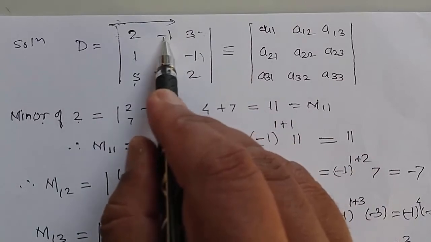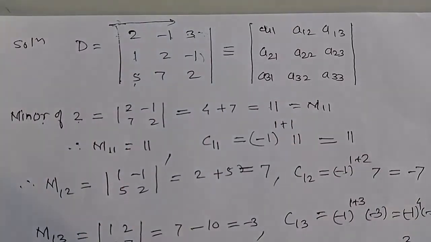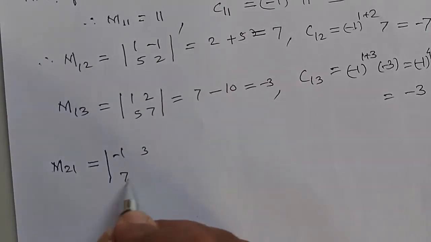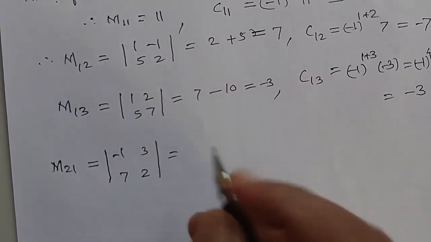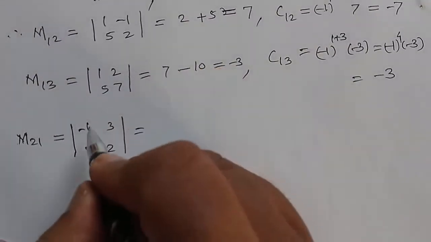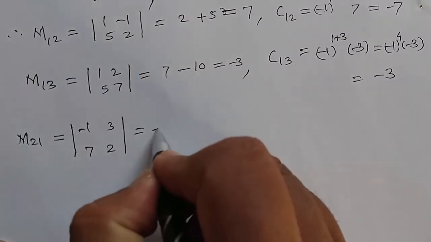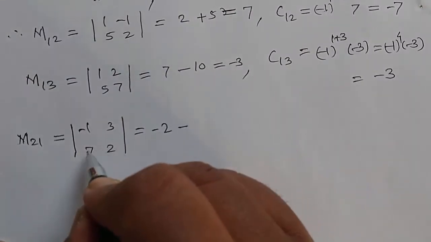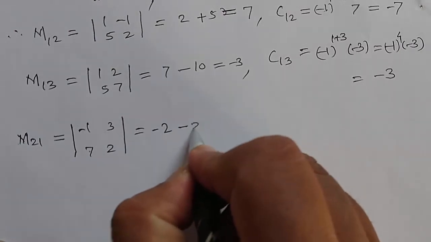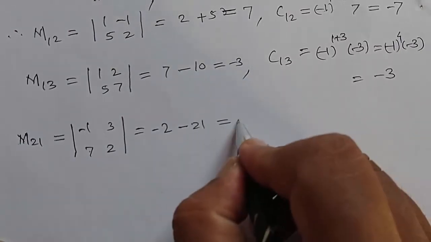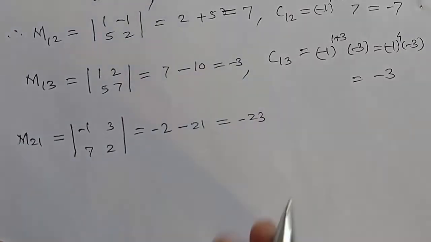So, determinant we take minus 1 3 and 7 2 is equal to minus 1 into 2 minus 2, minus 7 into 2, 21. So, it is equal to minus 23.